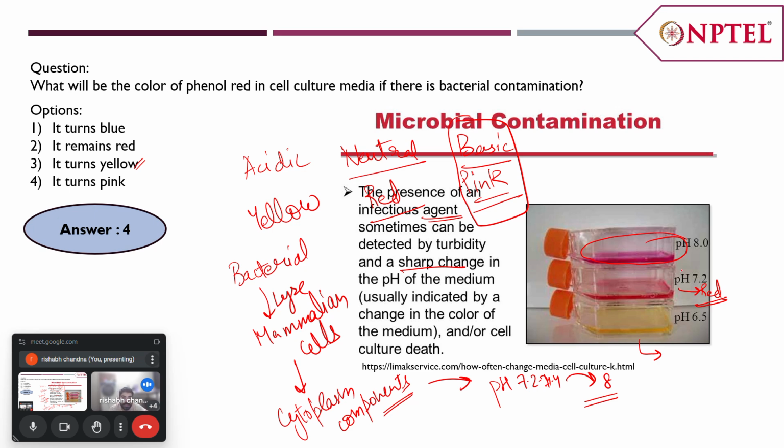In that case the media appears yellow. That means it has high metabolic activity. So these are the different cases that are present in a mammalian cell culture media.